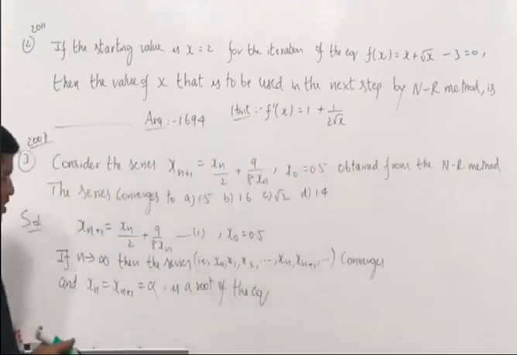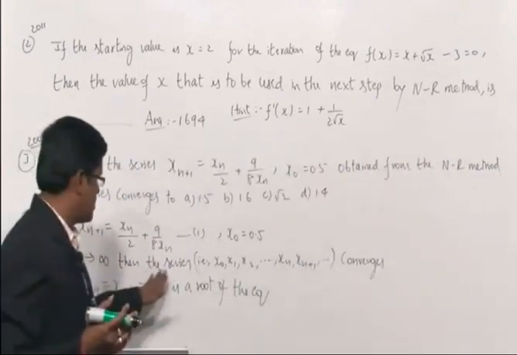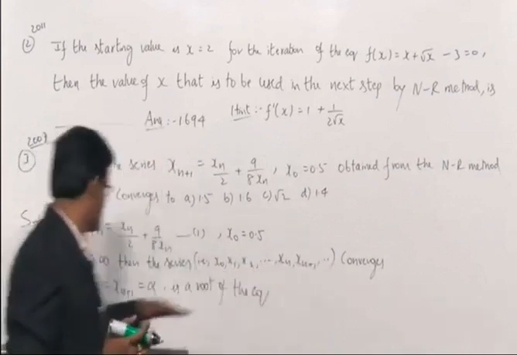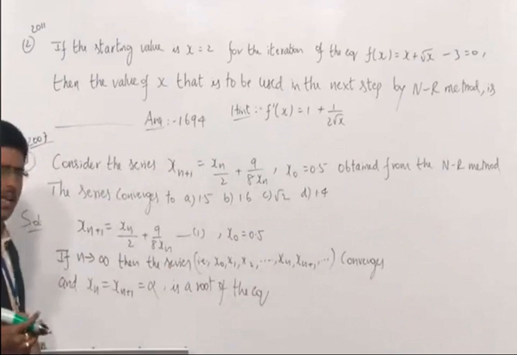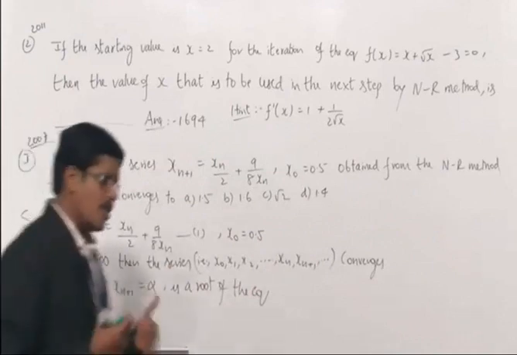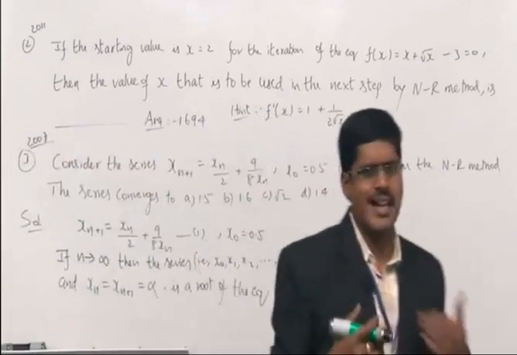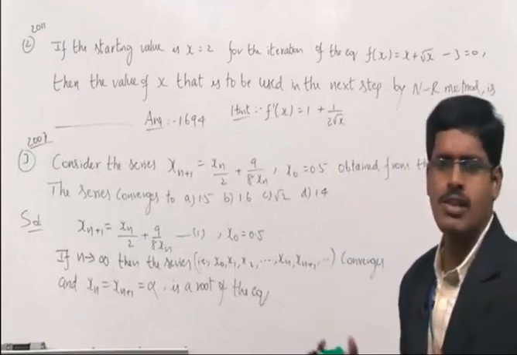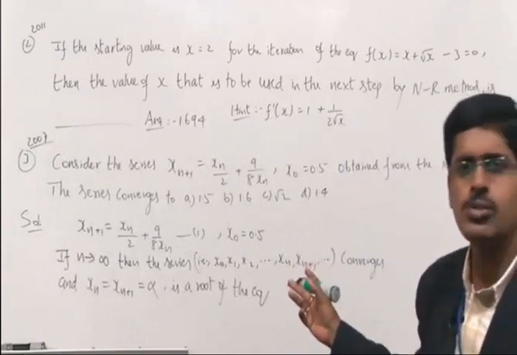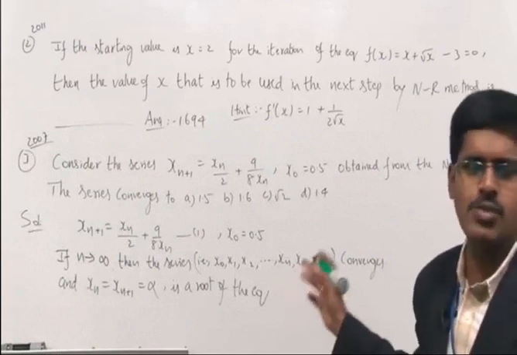Whenever n is going to infinity, there is a large number of iterations, the series converges. In this case, xn is equal to xn plus 1 is equal to alpha. Alpha is the root of the equation. After doing a large number of iterations, that is lakhs, crores, that is n tends to infinity, then the last two iteration values must be the same, equal to your exact answer, that is alpha, the root of the equation.